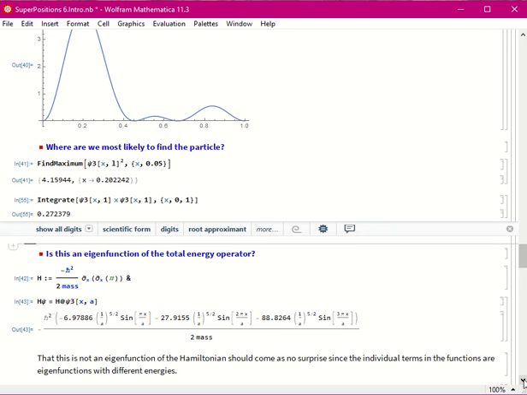Okay, if we take our Hamiltonian operator, which is negative h bar squared over 2m times the second derivative, and operate on our wave function, we get this beast right here, which is very definitely not an eigenfunction of the Hamiltonian operator. Again, that has to be the case because there are 3 possible outcomes to our energy measurement.